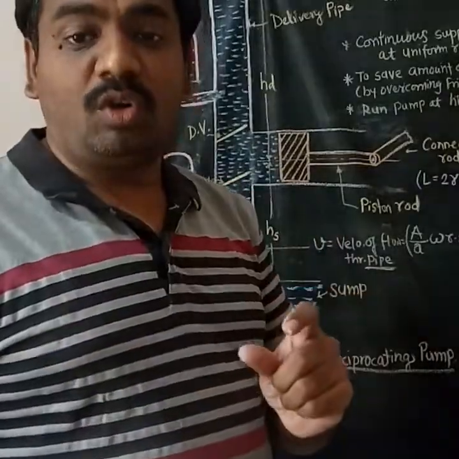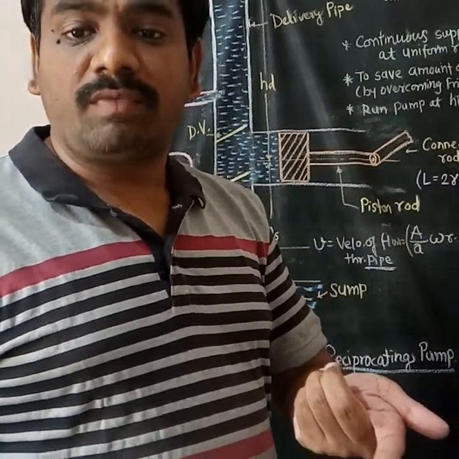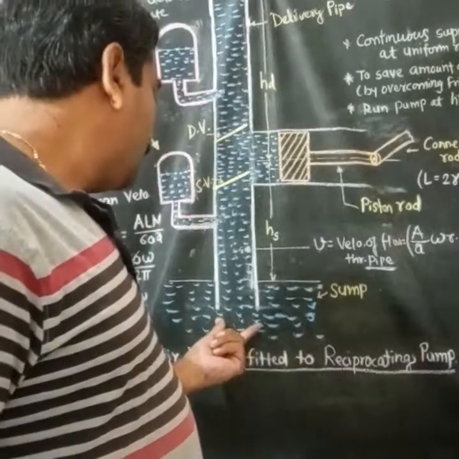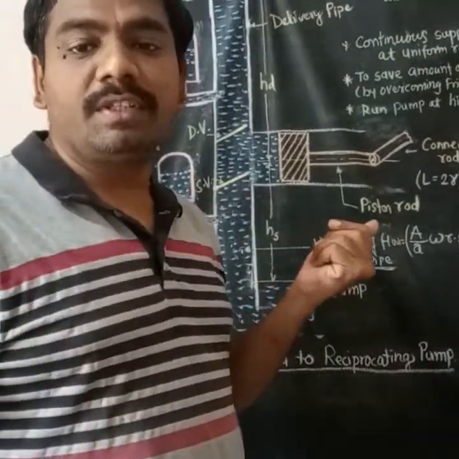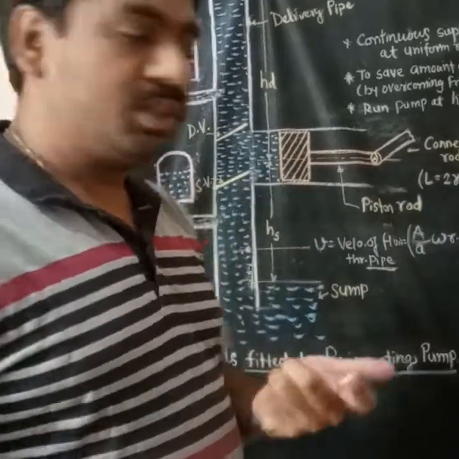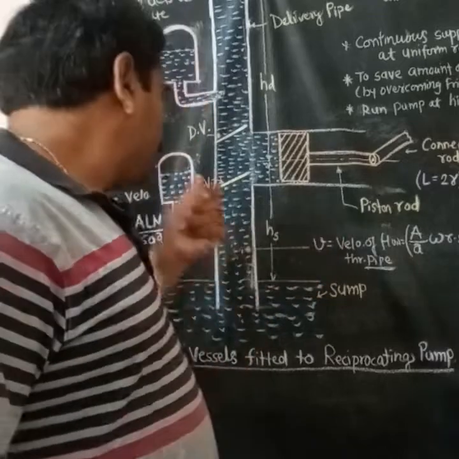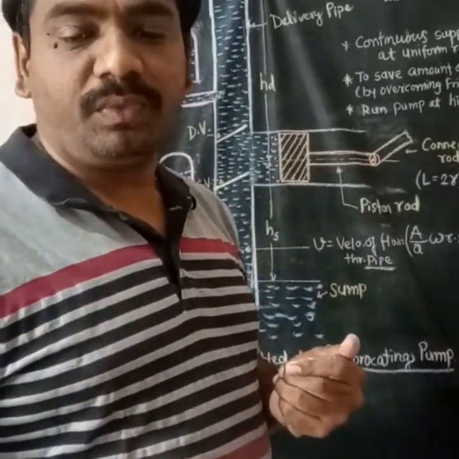That excess water will be helpful in the next first half of the suction stroke. So in this way, at the second half of the suction stroke, the water enters the air vessel, and during the first half of the suction stroke it is required, and that's why it is going to be used in this pipeline, right?